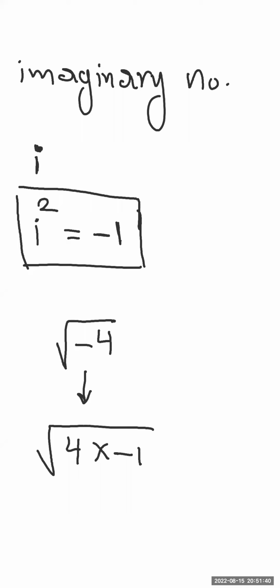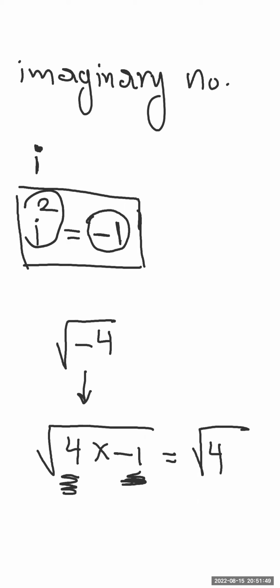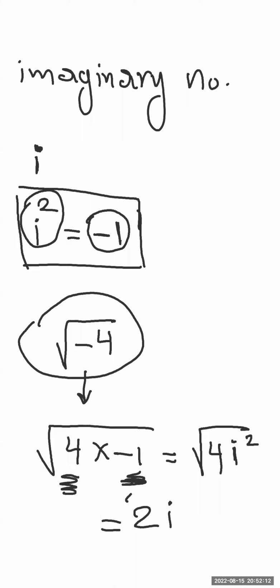So this will equal the square root of 4 times -1, and -1 means i to the power 2. So 4i squared. Now there is no negative sign. What will be the square root of 4i squared? Of course, the square root of 4 equals 2, and the square root of i squared means i. So the square root of -4 equals 2i.